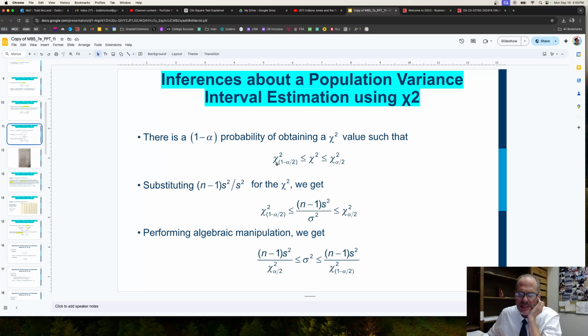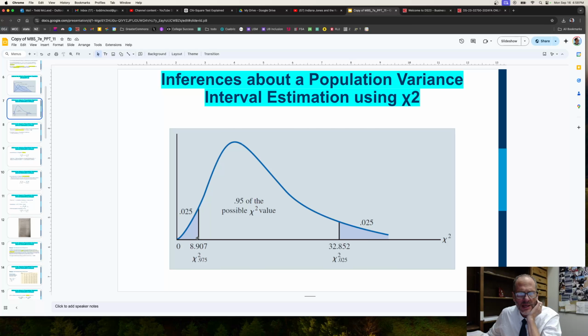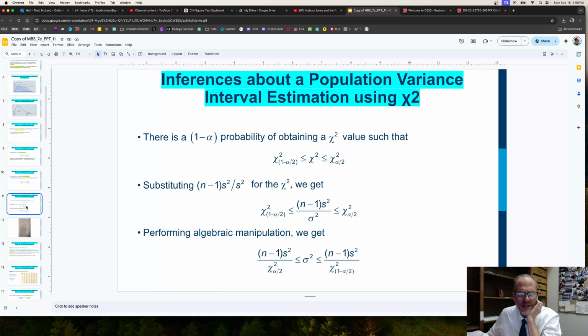So that kind of makes sense, like if we're going from here to here to get our 95%, the level, right? Here we have the chi-square 0.975 and chi-square 0.025. Those will be the two values, and our 95% is going to be in the middle. Our chi-square is there in the middle, so we put in what chi-square is, and we solve for variance, and we get this, and then that becomes the formula.